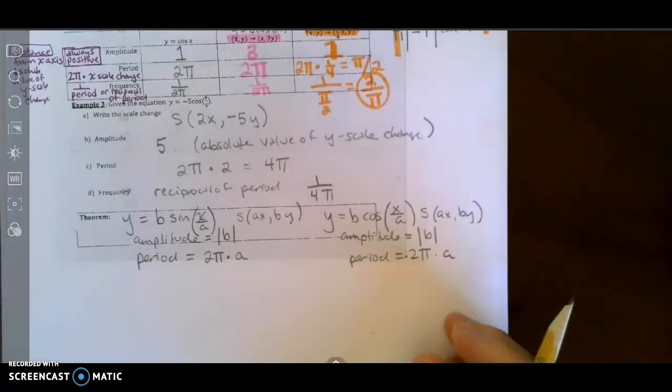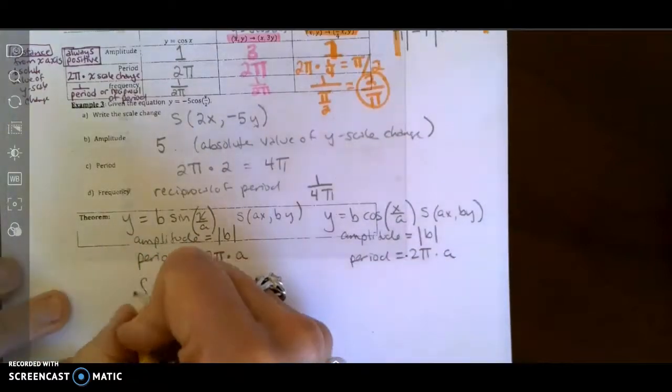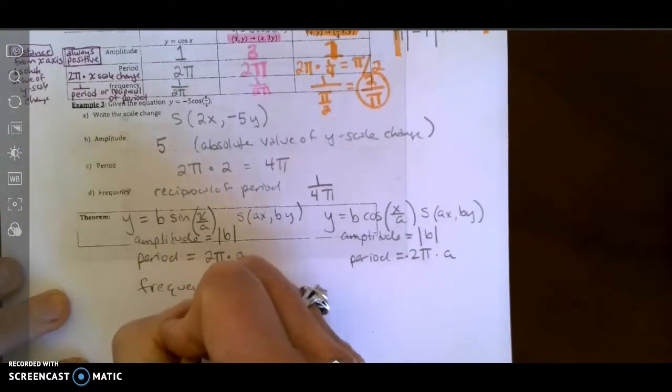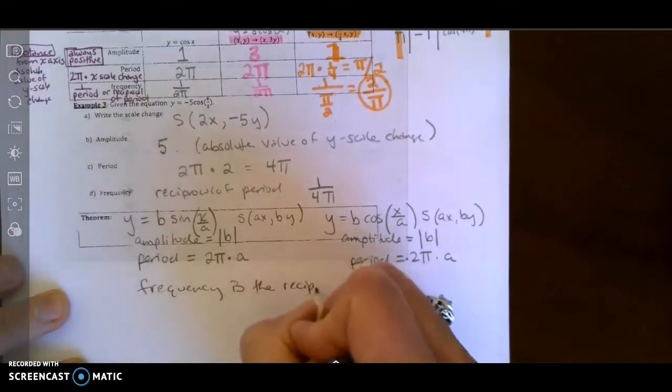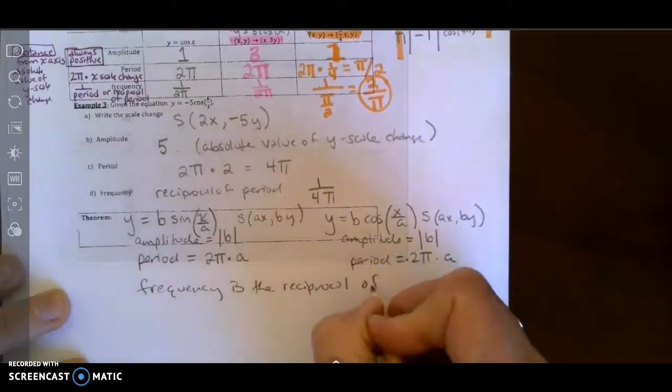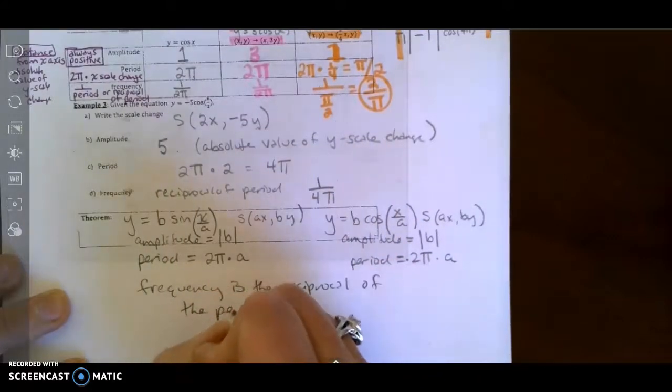And remember that frequency is always the reciprocal of the period.